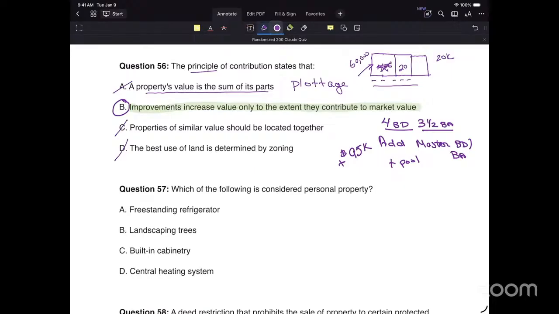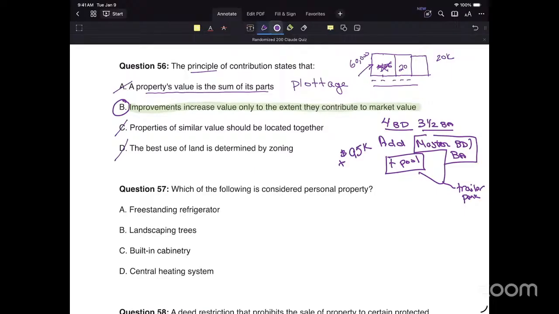But if you took this same master bedroom and bathroom and that same pool and put them onto a property in a trailer park, are you still going to get $95,000 worth of new value from that? Probably not.